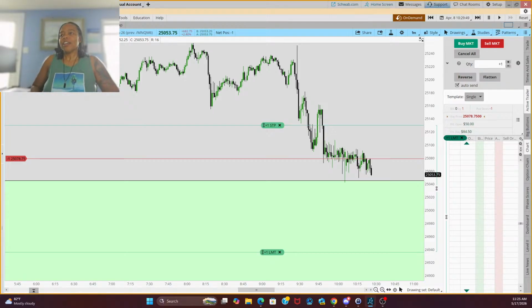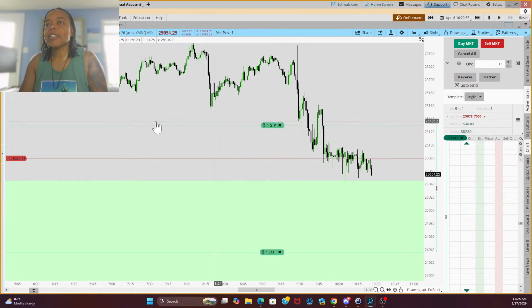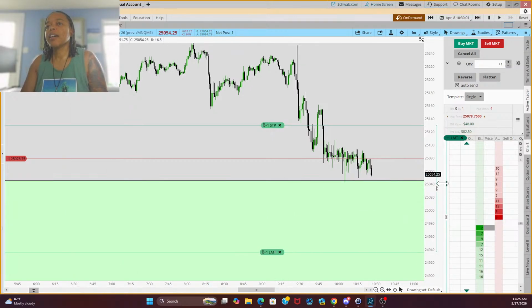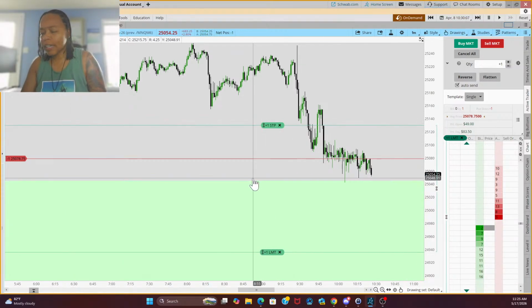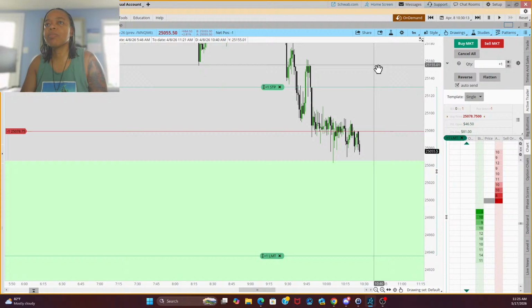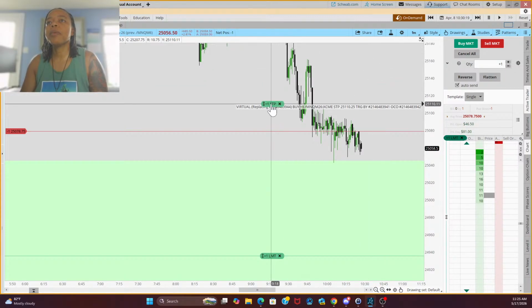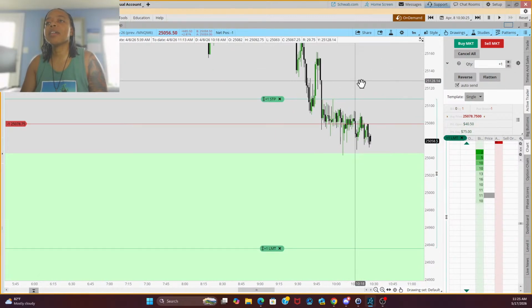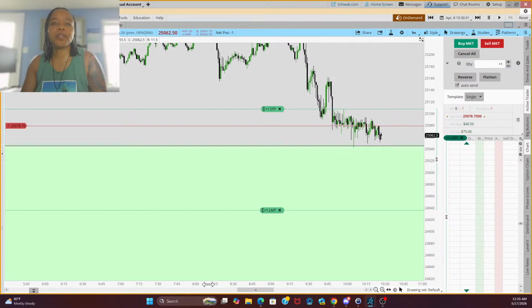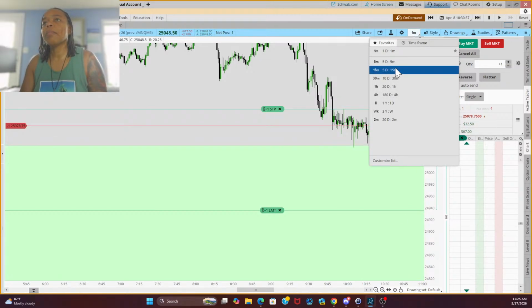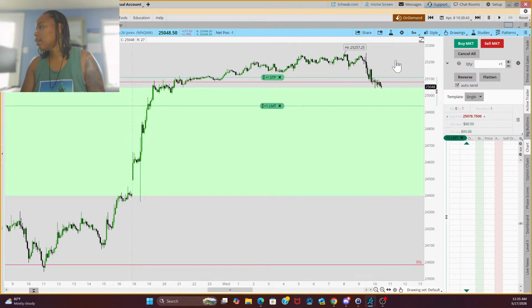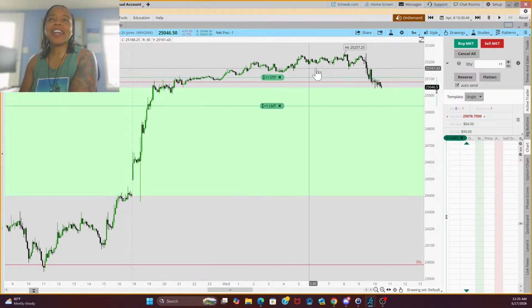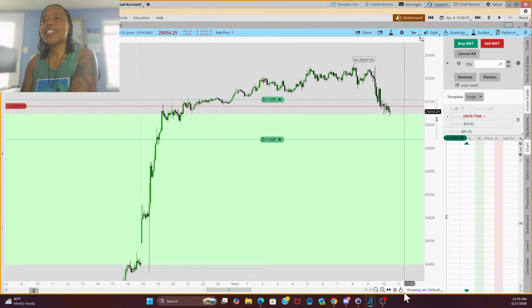Seriously, little girl. All right, where are we taking TP on this thing? I can't even move my mouth, she's licking so much. So I'm going to move my stop to right here because this is a very iffy trade in the first place on the 1 minute. All right, so let's set our TP.